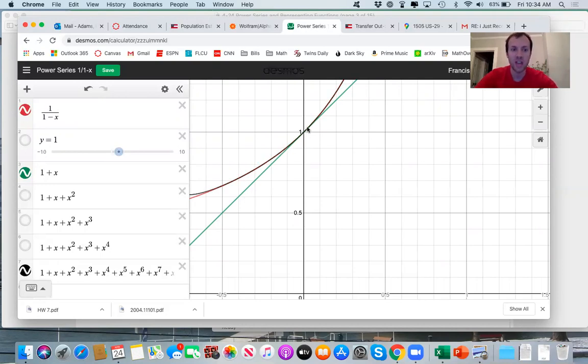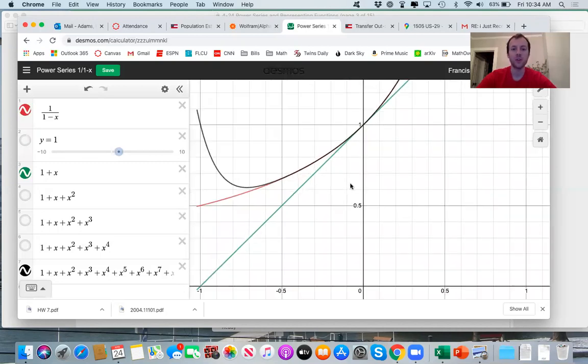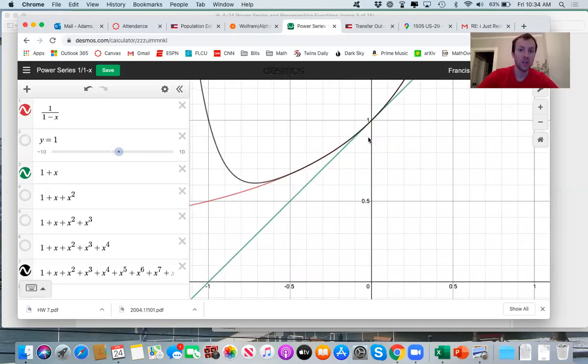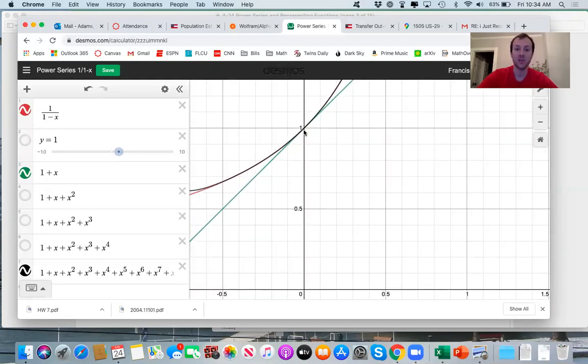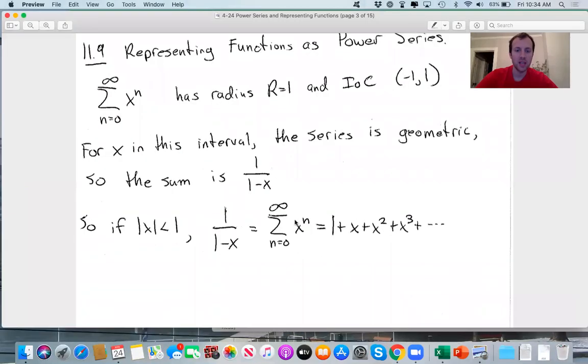Close to the center of your series, the approximation is really, really good. As you get further away, it gets worse. But at the center, it's exactly correct, and close to the center, it's pretty good. So if you have a power series representation, you can get a very good approximation close to the center.